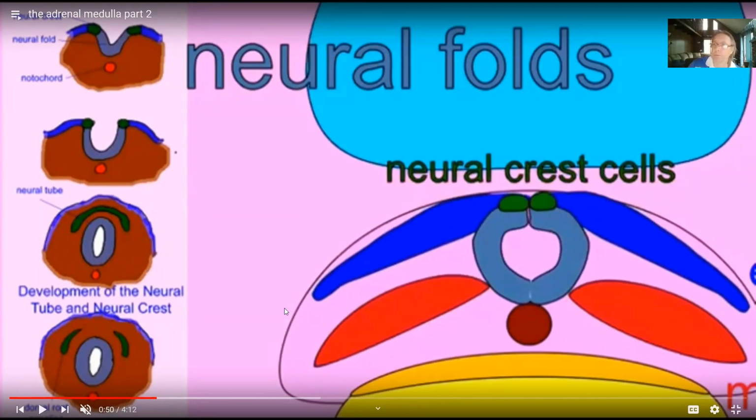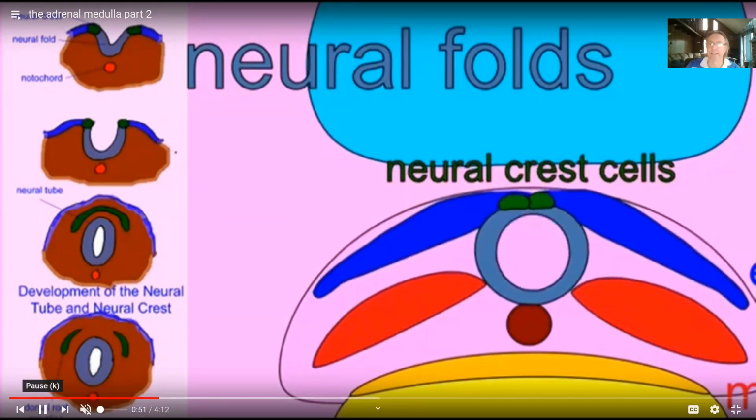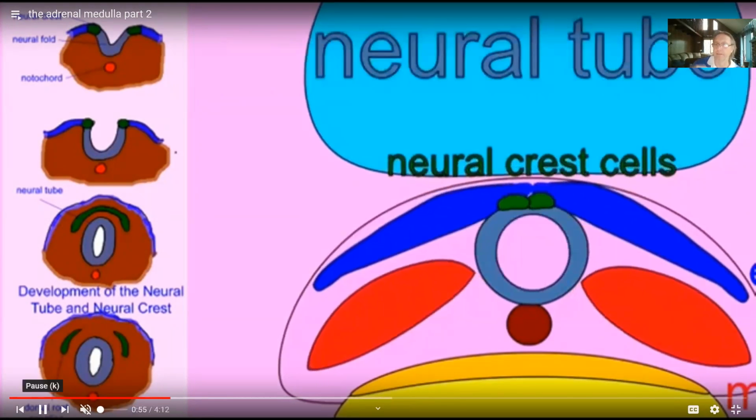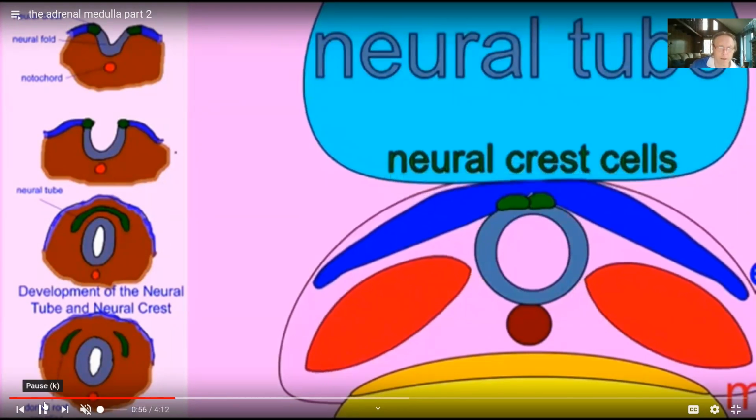They are really important because it ends up, they make a lot of very important vertebrate-specific tissues of the head that come from neural crest cells. Dorsal root ganglia come from neural crest cells, but so then do the ganglia of the autonomic cells.